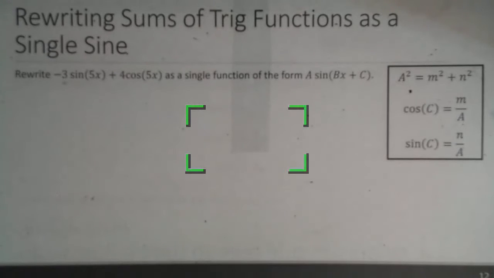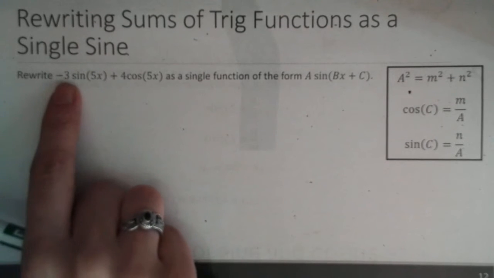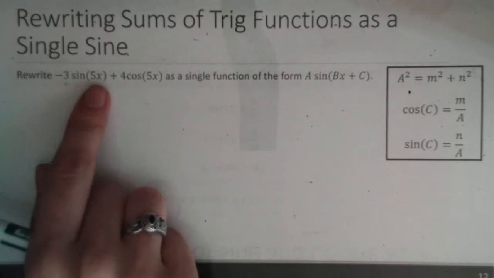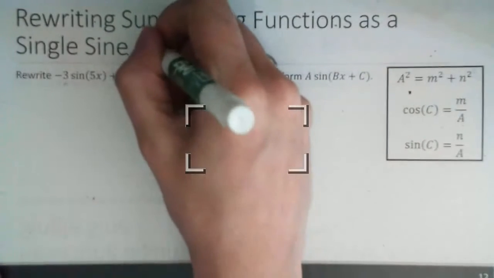So we're going to rewrite -3 times the sine of 5x plus 4 cosine of 5x as a single function of the form a times the sine of bx plus c. This coefficient on sine of 5x, that's what we called m before.